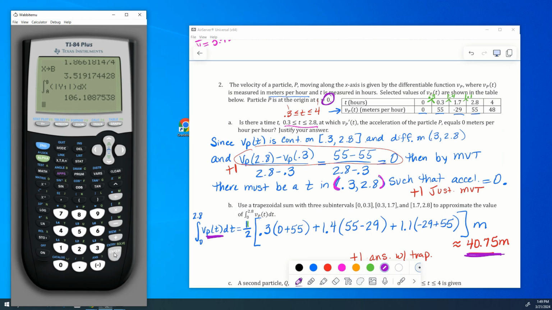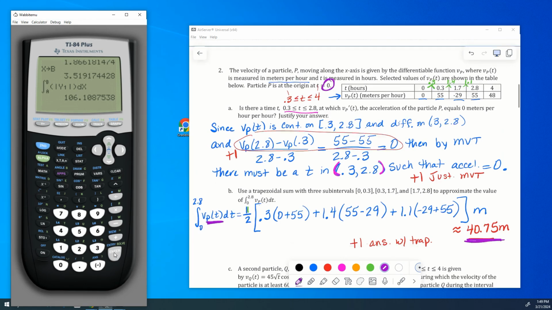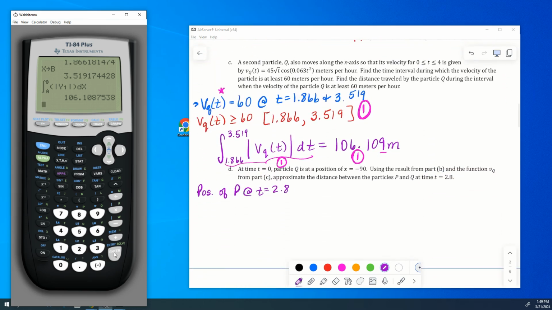Although you didn't have to get it in part B, I needed it in part D. Are you with me that the position of him is going to be equal to 0, his original position, plus his displacement from 0 to 2.8, which would give you, of course, 40.75. So that's where particle P is. If this is a number line, particle P, not that you have to draw this, is way over here, at 40.75.